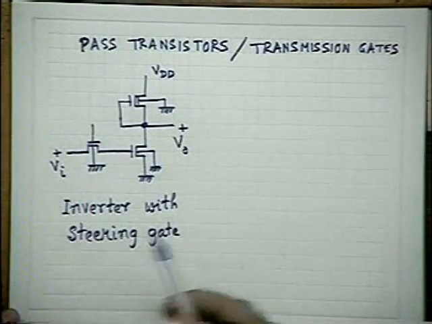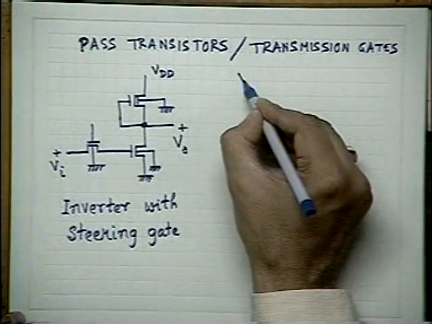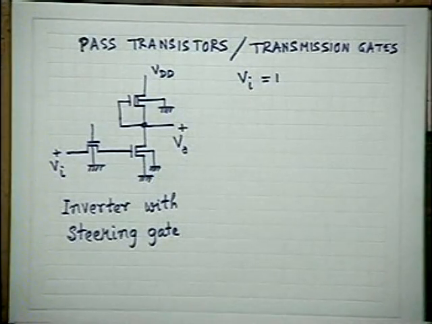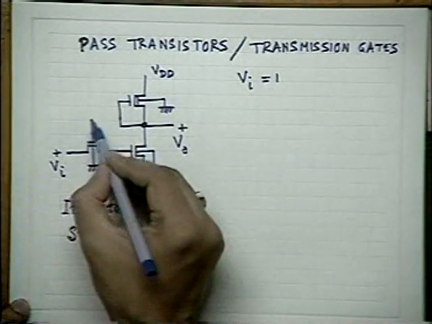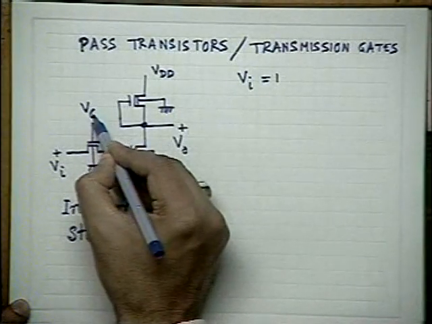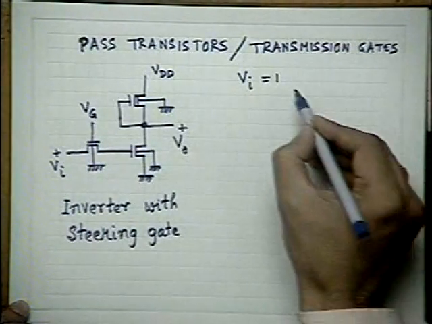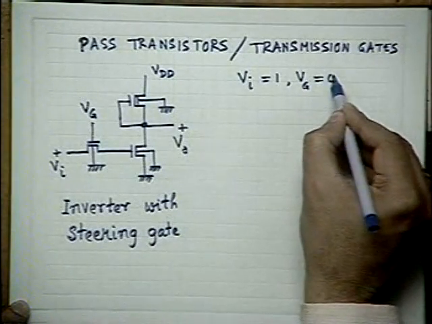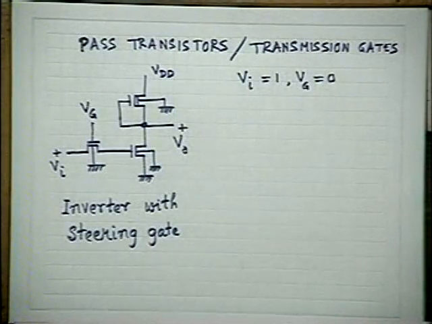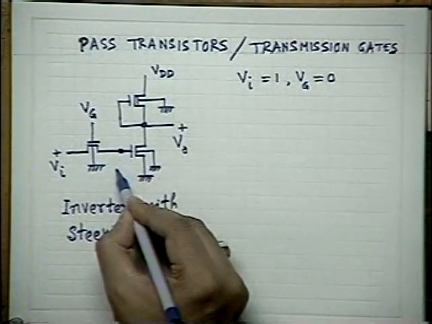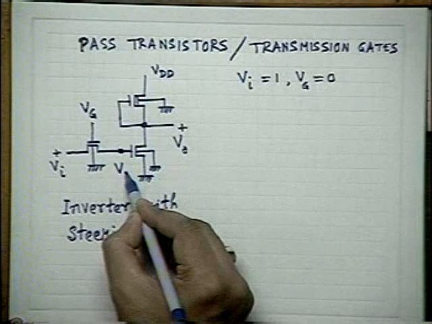If Vi is initially, let us see, Vi is equal to 1. And let us assume that at the steering gate I apply a Vg, and Vg is equal to 0. What is going to happen? And this input, let me call it now Vi dashed.